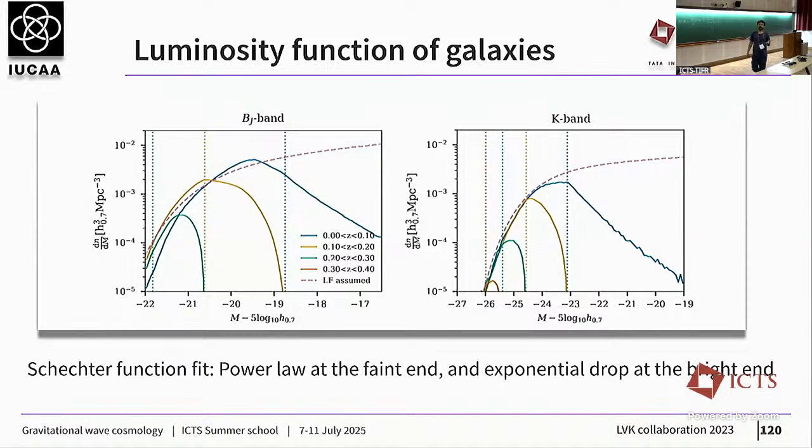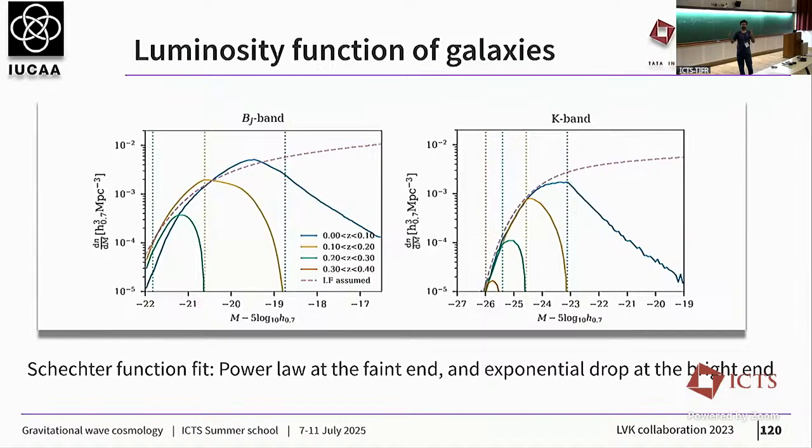Okay. The reason there is a relation between the luminosity function seen here and the halo mass function is that galaxies live in dark matter halos. And there are scaling relations where more luminous galaxies are expected to live in more massive halos.